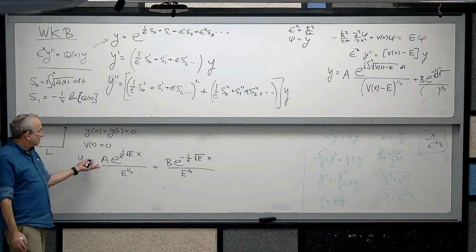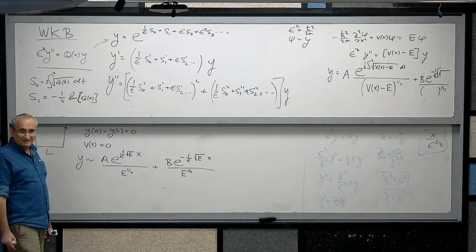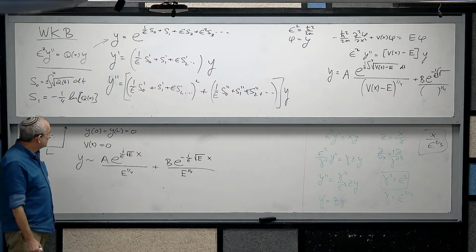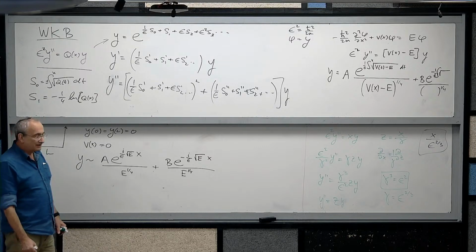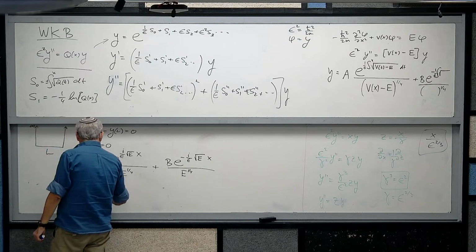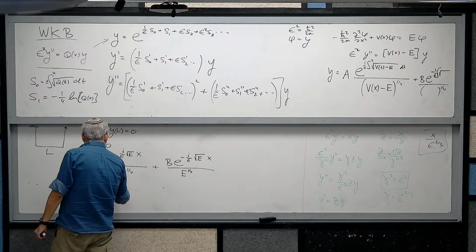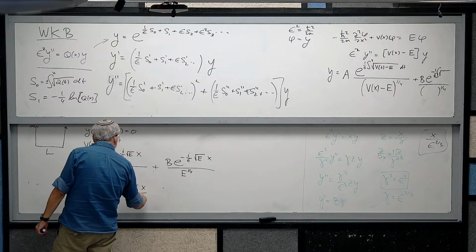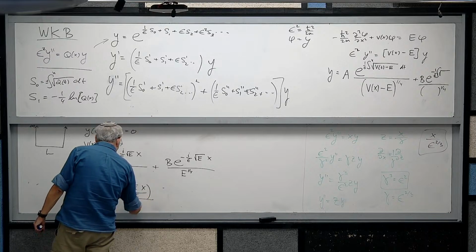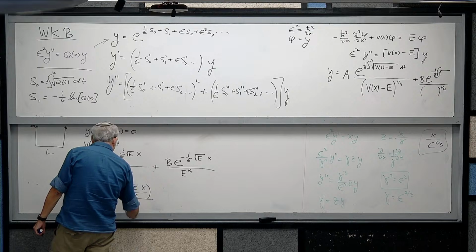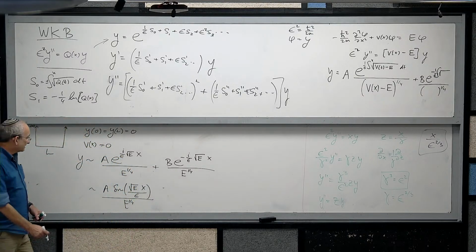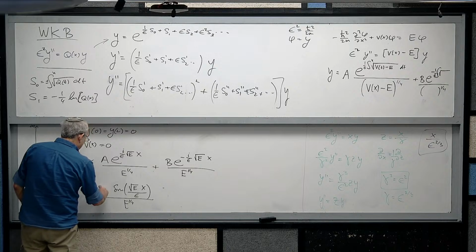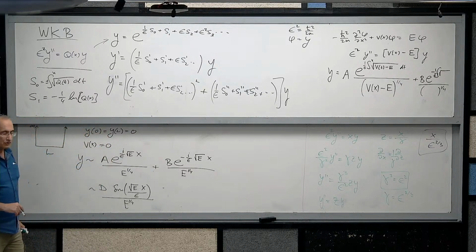Okay? So you know this is cosine and sine, and I have to satisfy the boundary conditions, so I will choose a sine. So y is actually B times the sine of square root of E x over epsilon divided by E to the 1/4, with whatever coefficient you want.